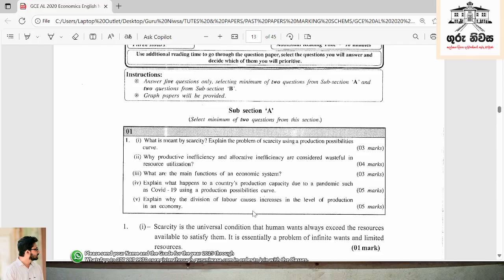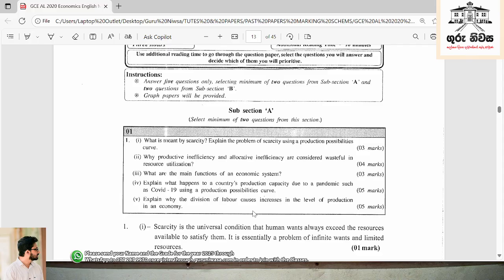We know that normally COVID-19 affects in a negative way. These two points, factor endowment and factor productivity, get affected negatively. If it happens, the PPC curve shifts to the left side, reducing production capacity.